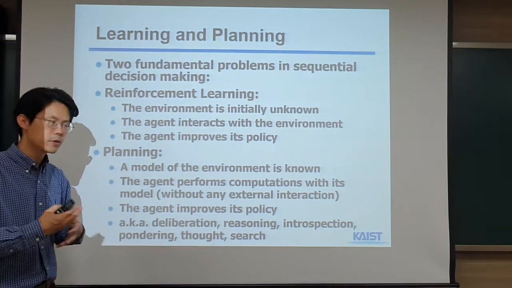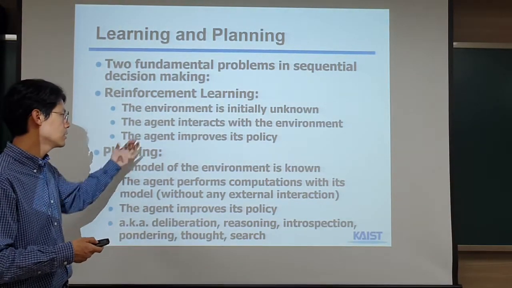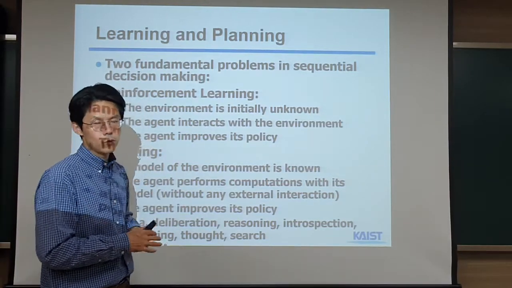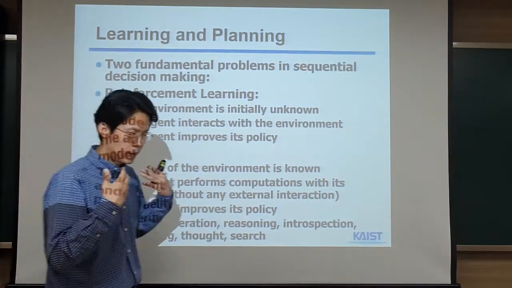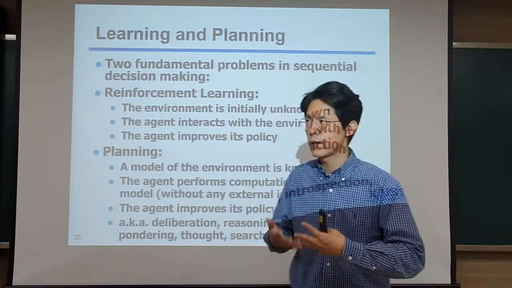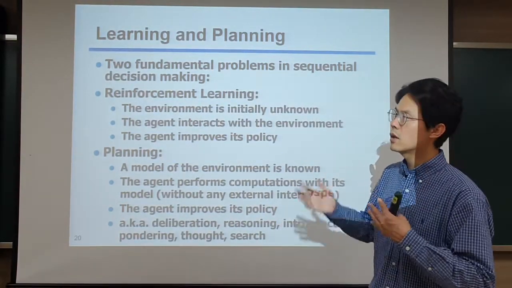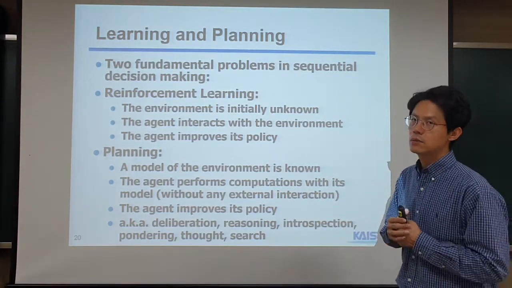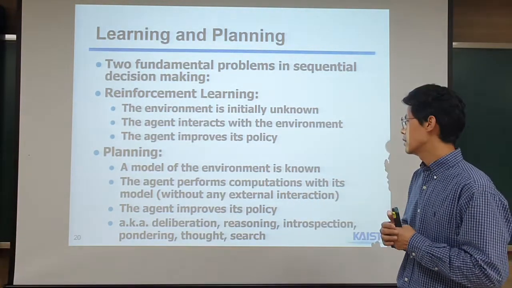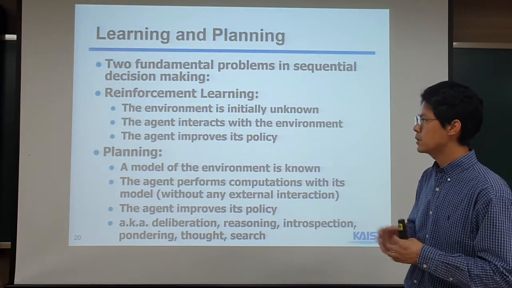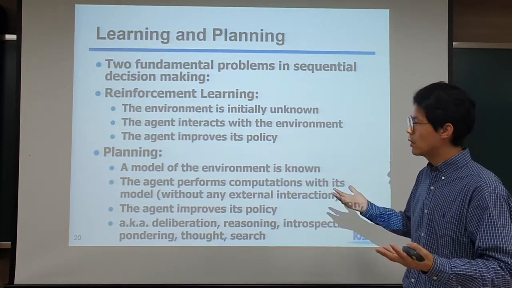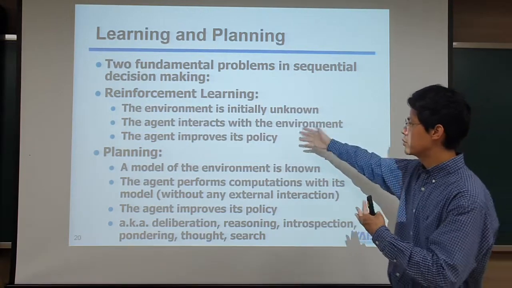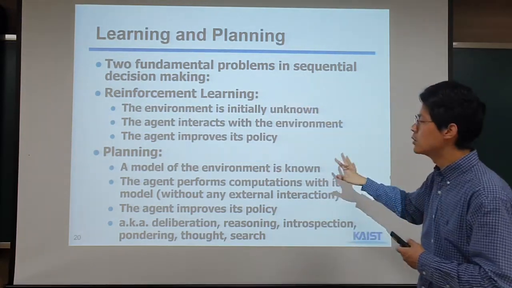We do a lot of computation with this kind of known environment without external interaction. We know in what case we have collision and in what case we don't, right?